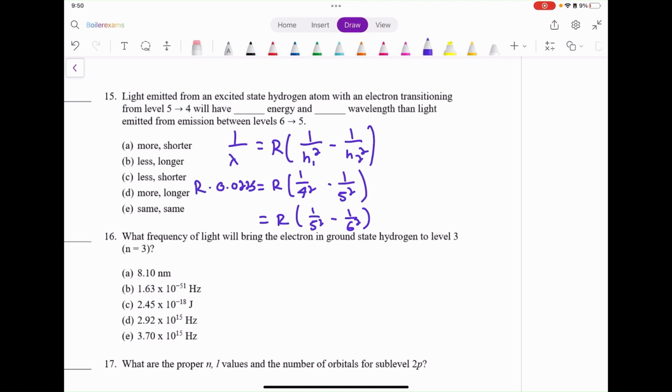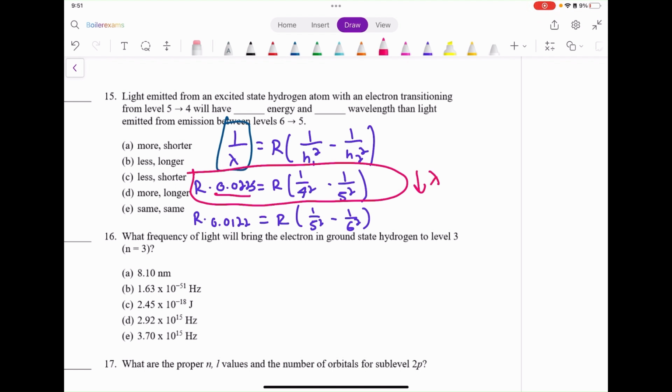And then the other one is 1 over 25 minus 1 over 36, which is a smaller number. But since this relationship is inverse, this situation has a higher number of this value, which means it has a lower wavelength.